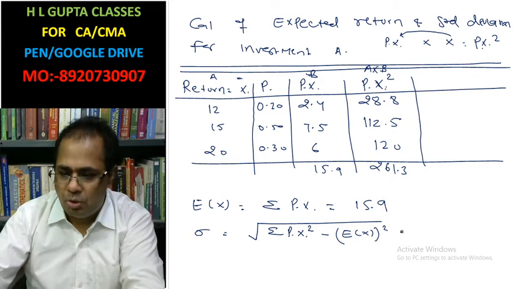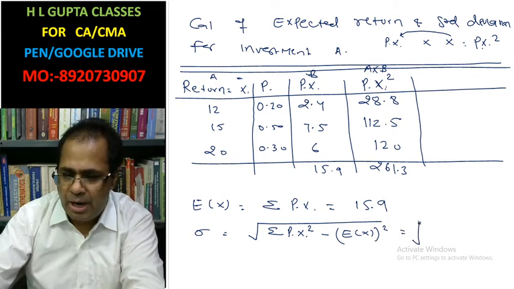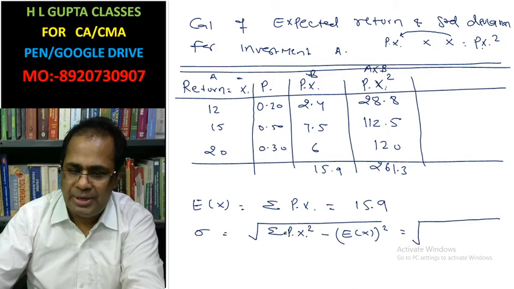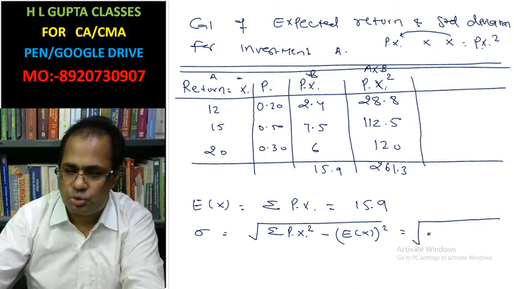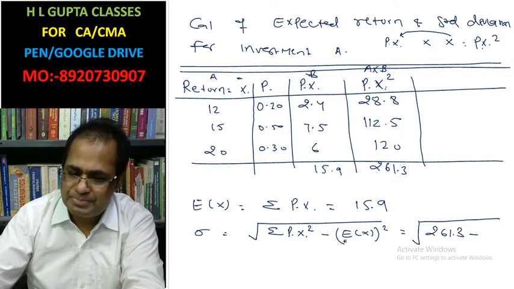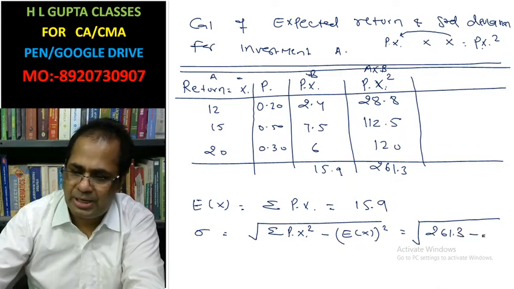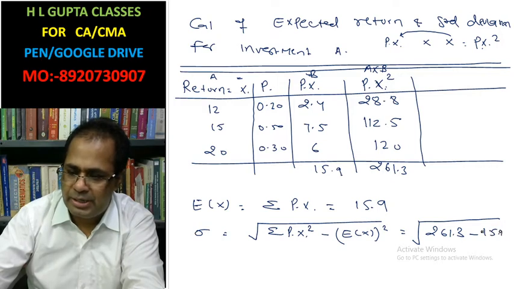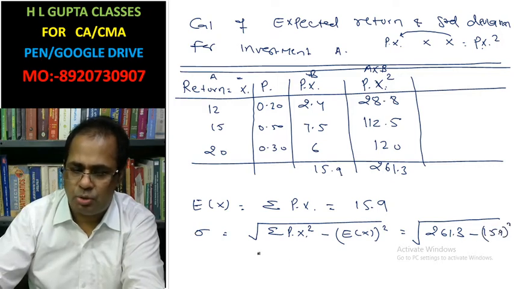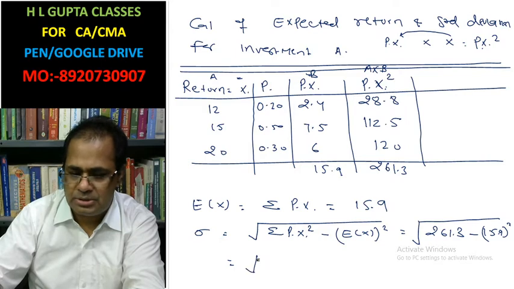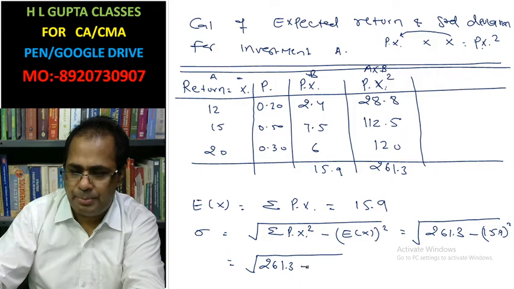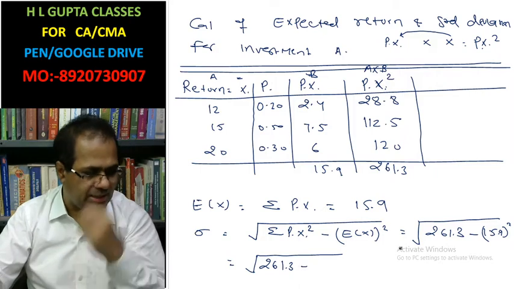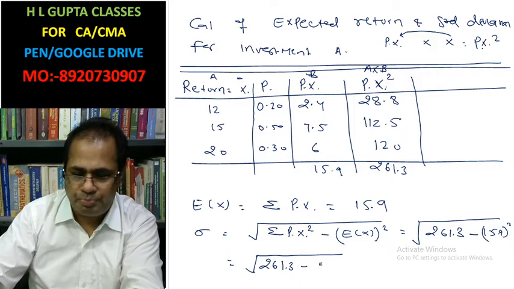The sum of these all you have is 261.3. So now to calculate the standard deviation, you have to put the value of this PiXi square sum, which is 261.3, minus expected X. Expected X is 15.9, this is your whole square. Ultimately this comes to 261.3 minus 15.9 whole square, which is 252.8.